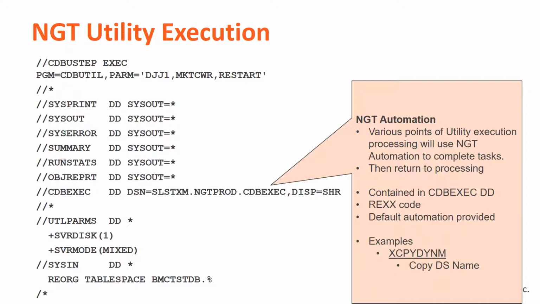Next up in the JCL is a component that can assist in the way the NGT utility executes. NGT automation points are a series of REXX execs that can control many areas of utility executions. At different points in the process, these automation modules are executed within the utility to control processes like dataset creation, what parameters should be set in the utility, and even if the object should be processed.